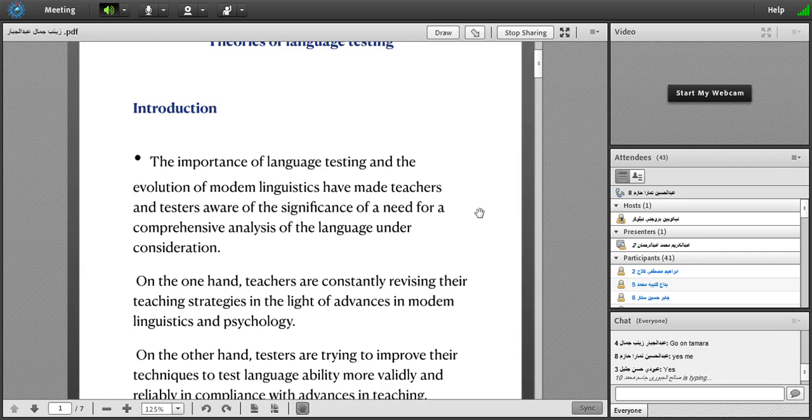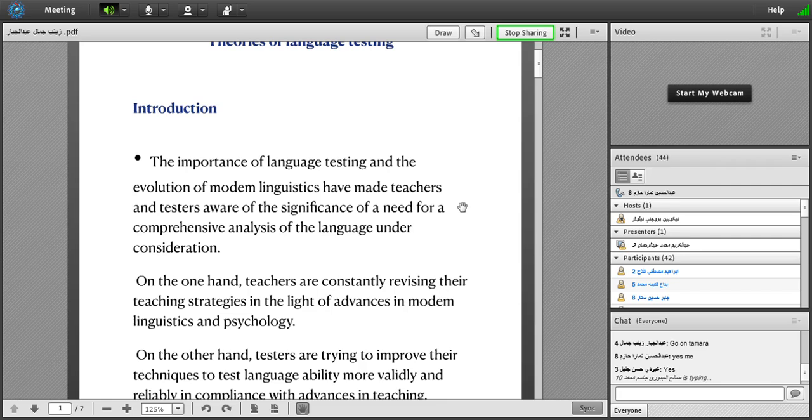On the one hand, teachers are constantly revising their teaching strategies in the light of advances in modern linguistics and psychology.